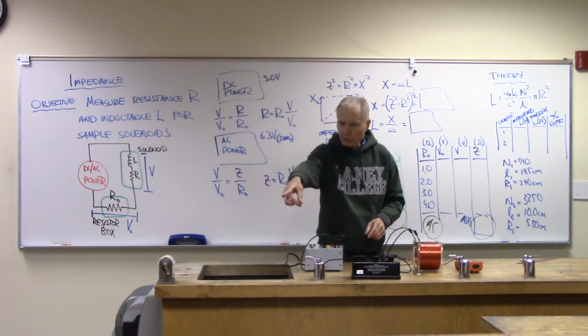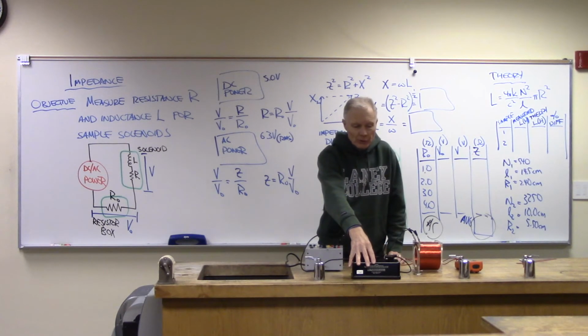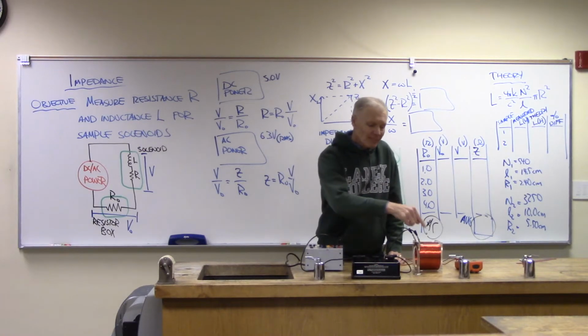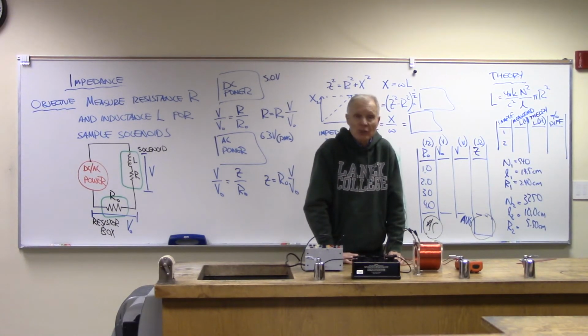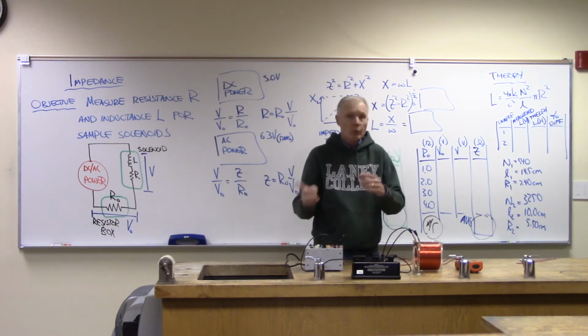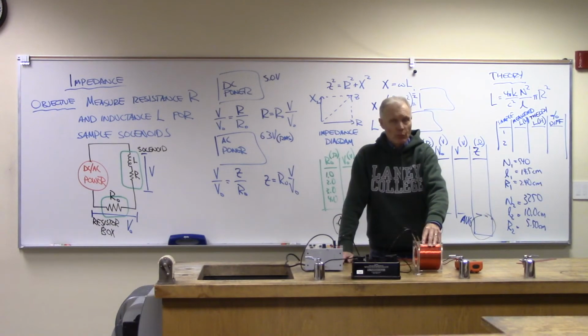With that smaller solenoid, having 1 or 2 or 5 or even 10 ohms was fine. But now that I have this big one, I'm going to have to go up and maybe use 50 or 60 or 70. And when I switch over to AC, how much impedance will this have? This is going to have a lot more impedance, much, much larger, because it's got so many loops.